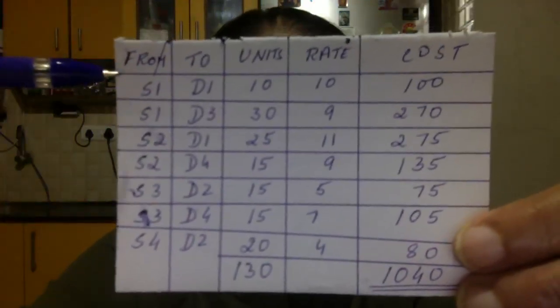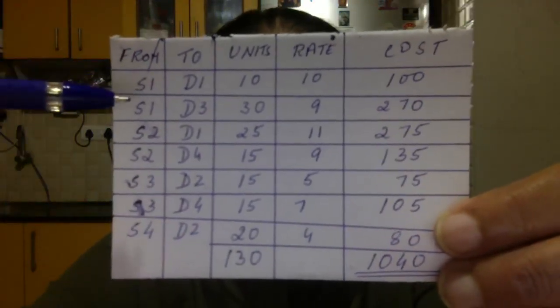Where do I get the occupied cells? From the transportation cost table. The first one is S1 D1, S2 D2, D3, etc. I'm going to write all these in the occupied cells. Write down. First one is S1 D1, next is S1 D3. Next is S2 D1.